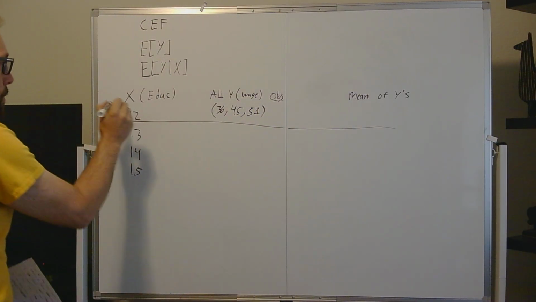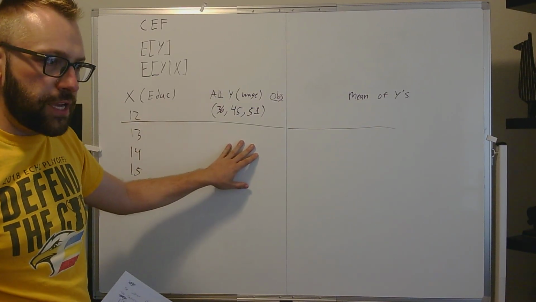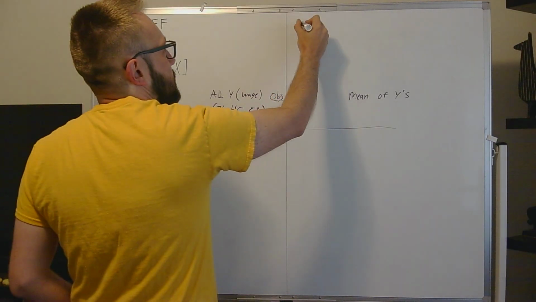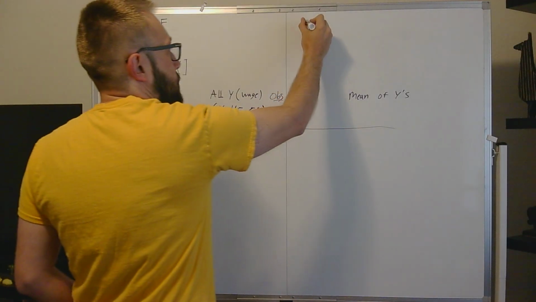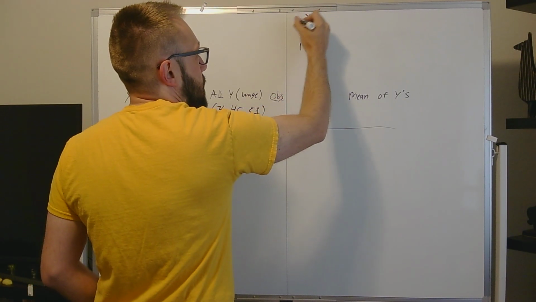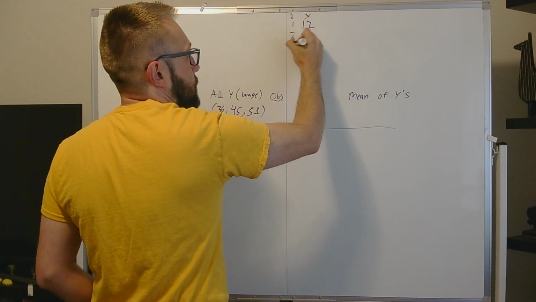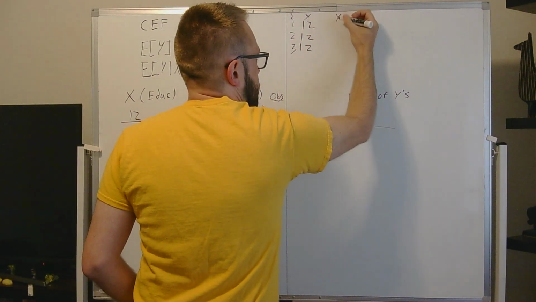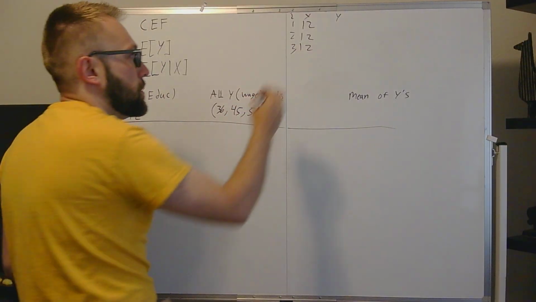Now, when we say the x value is 12, but we have 3 observations of y's, what does this mean? Well, it's just like that idea. Suppose instead of those 1s that we had from last time, those are now 12s. So the x's are now 12s. But these are each different individuals. So individual 1, 2, and 3. The y's now take on these various values associated with those different individuals.